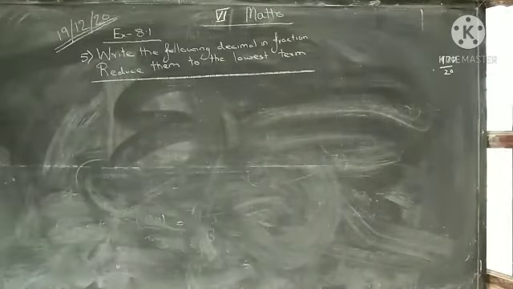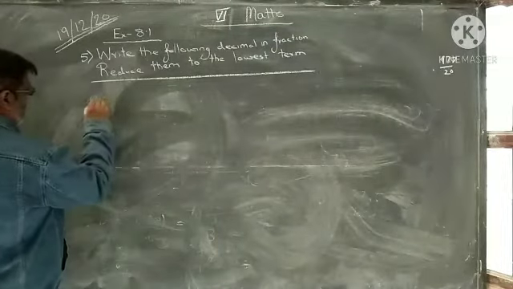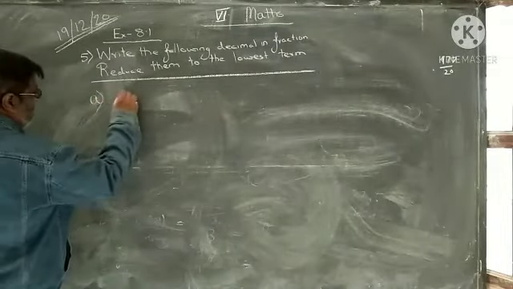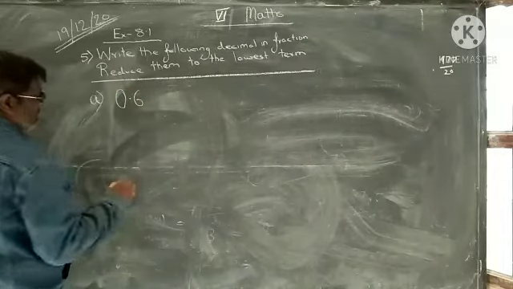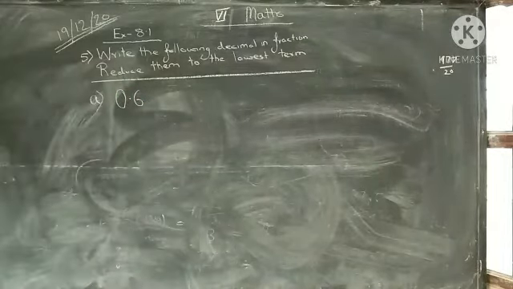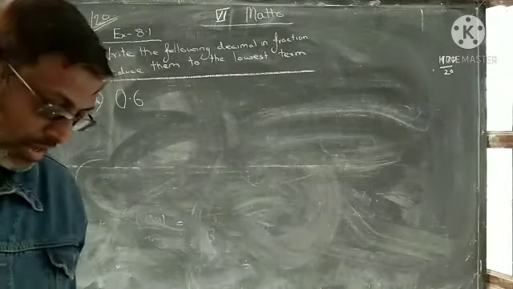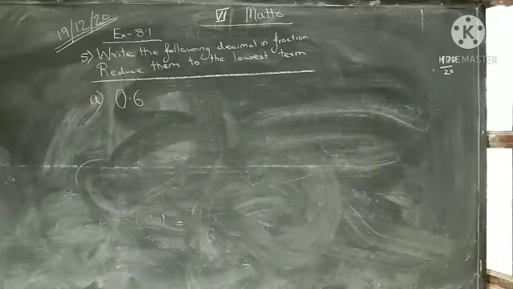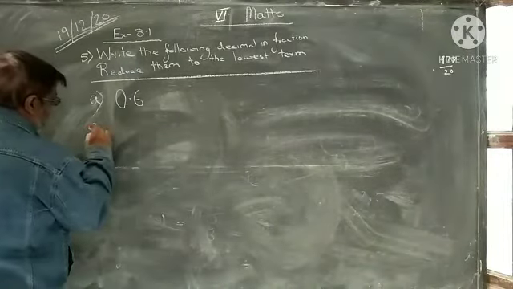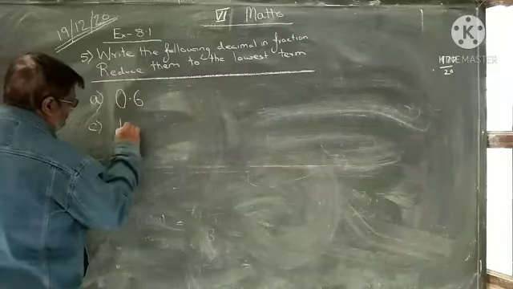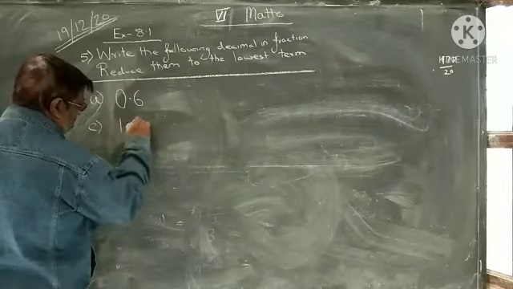So the very first sum, which is over here, says A, 0.6. Then let's take C as 1.0.